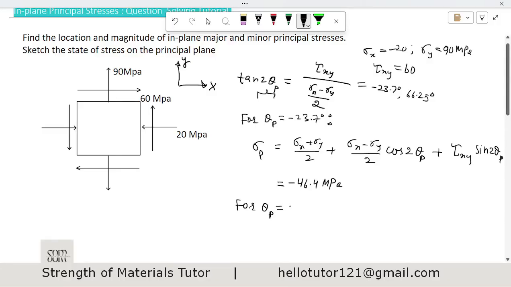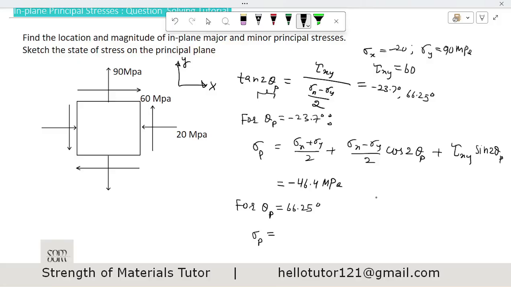theta p equal to, which is another angle, is this, right, 66.25 degrees, okay. So what is going to be the sigma p? So the formula is same, so here theta p is going to be 66.25, okay.